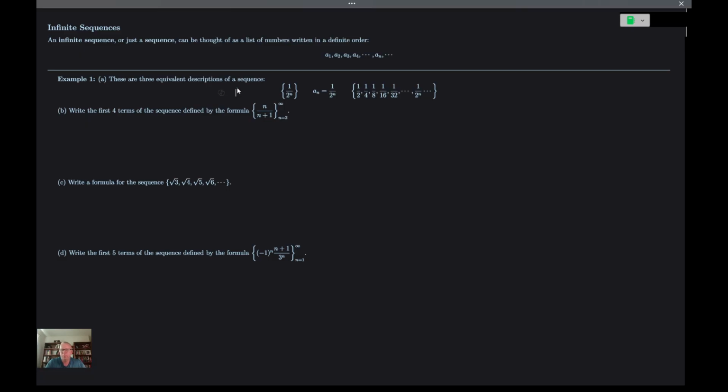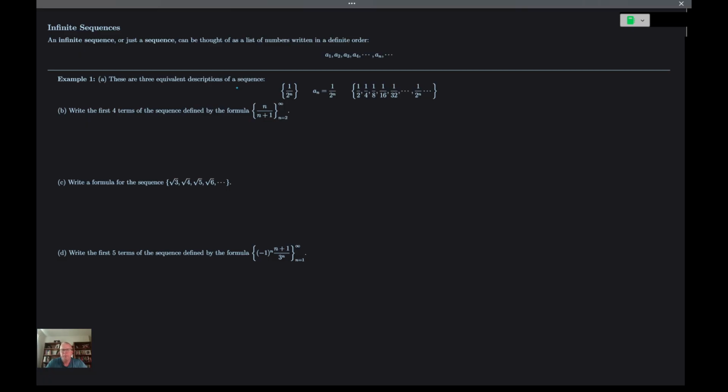So when we talk about a sequence, we're in this class only going to talk about infinite sequences. So there are infinite number of terms, but a sequence is just a list of numbers. And typically the numbers have some pattern to them. And not always, but most of the time we can get a formula for this. And a pretty straightforward formula.